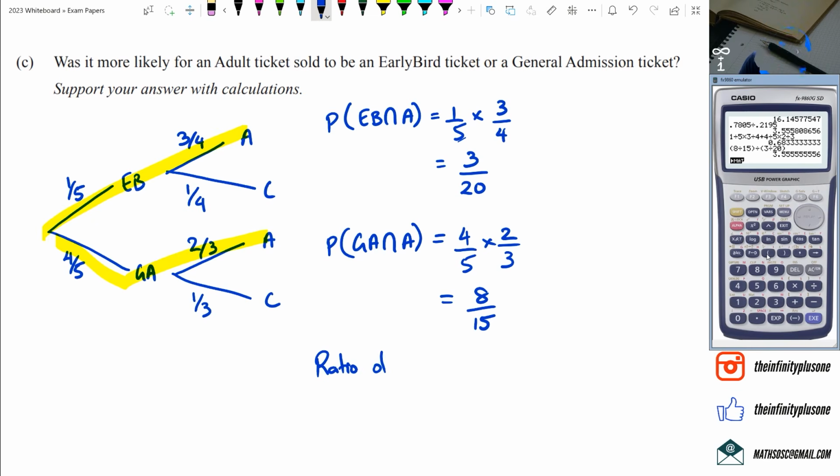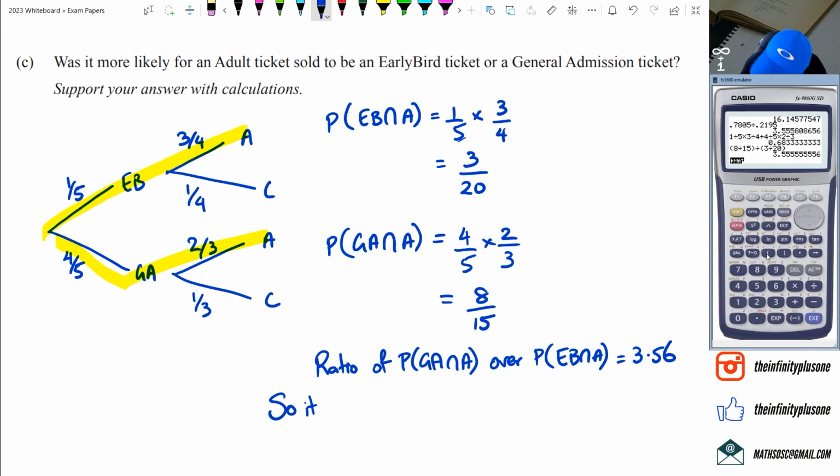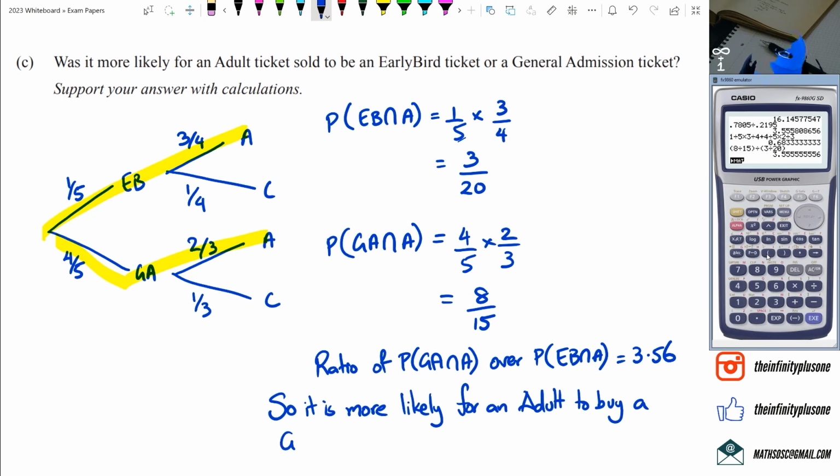So the ratio of the probability of GA and adult over the probability of early bird and adult is equal to 3.56. So we can say that it's more likely for an adult ticket to be purchased as a general admission ticket. So it is more likely for an adult to buy a general admission ticket.